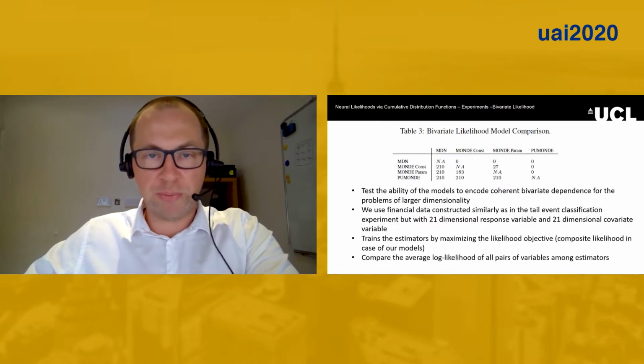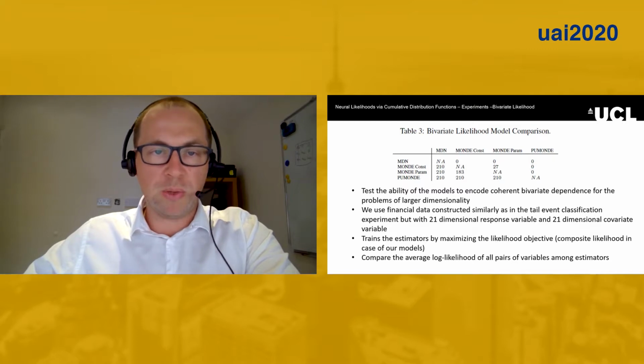In many practical problems, we are interested in estimating only partial marginals. We test the ability of our models to encode coherent bivariate dependence in the data for problems of large dimensionality. We use financial data as described already in the tail event classification experiment, but with 21-dimensional response and 21-dimensional covariate.